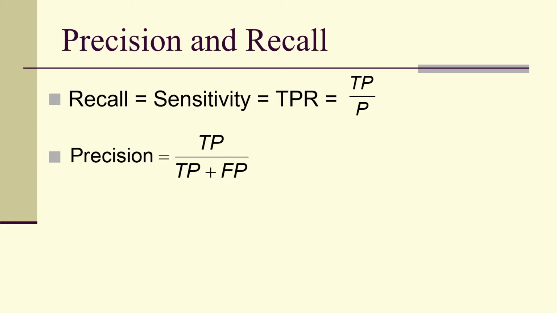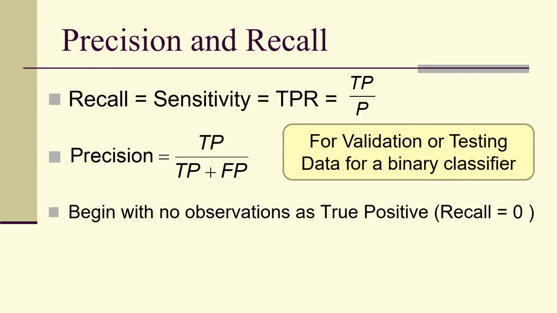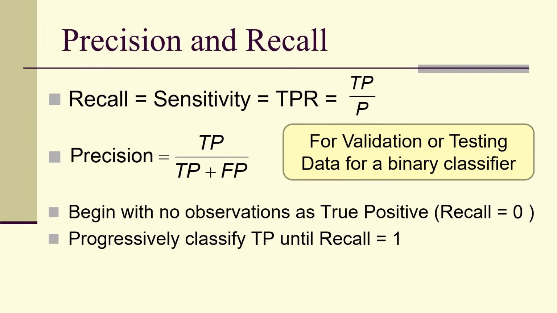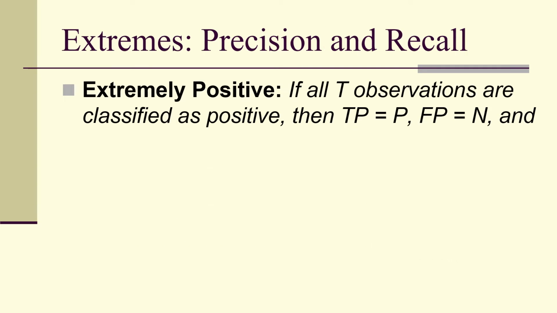So we've already seen these metrics for validation or testing for a binary classifier. But let's imagine that we have no observations that are true positive, so the recall is 0, and then we progressively classify the true positives until the recall is equal to 1. The result is that precision can be thought of as a function of recall.